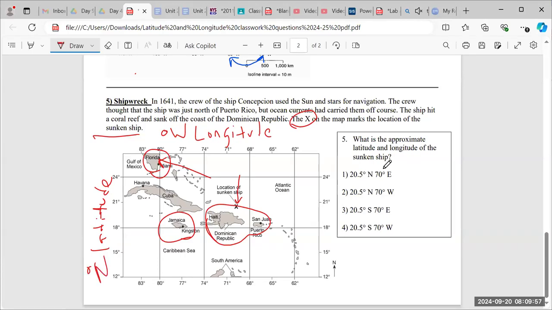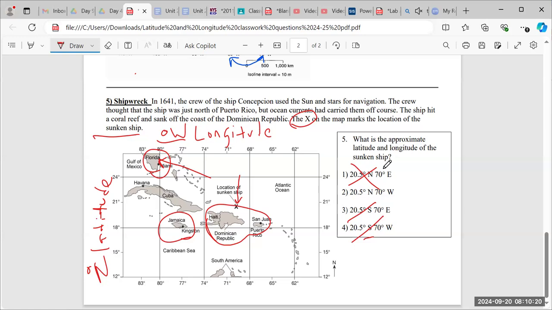Now what options can I cross out? I can cross out 1 because we're dealing with degrees west. I can cross out 3 because we're dealing with degrees north, and I see south. And I can cross out 4 because it says degrees south, and we're clearly above the equator.